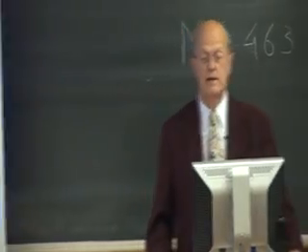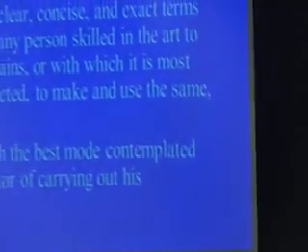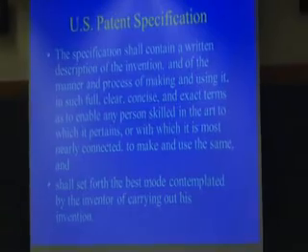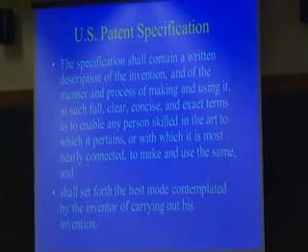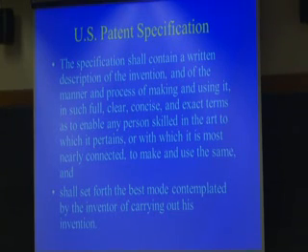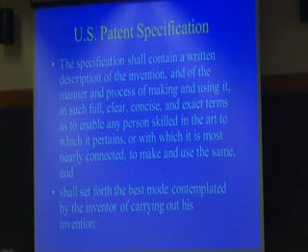Now, if we look at the particulars of what should be in a patent application, we first have what's called the specification. Generally, you think of the specification as that which describes the patent. It can be understood as encompassing the claims, but oftentimes when you refer to a patent specification, you mean everything except the claims.